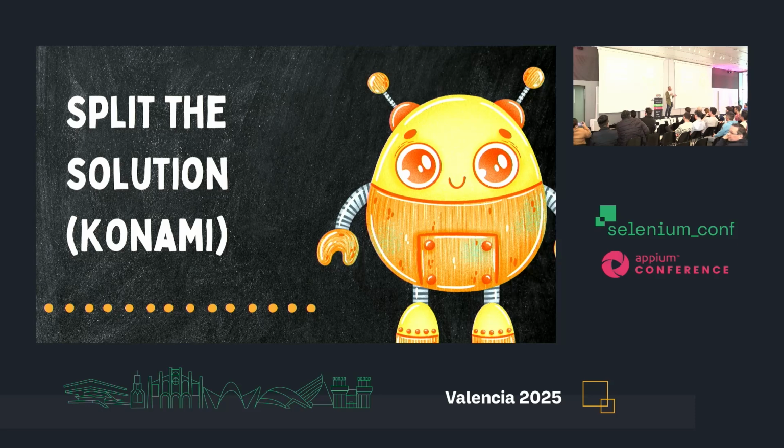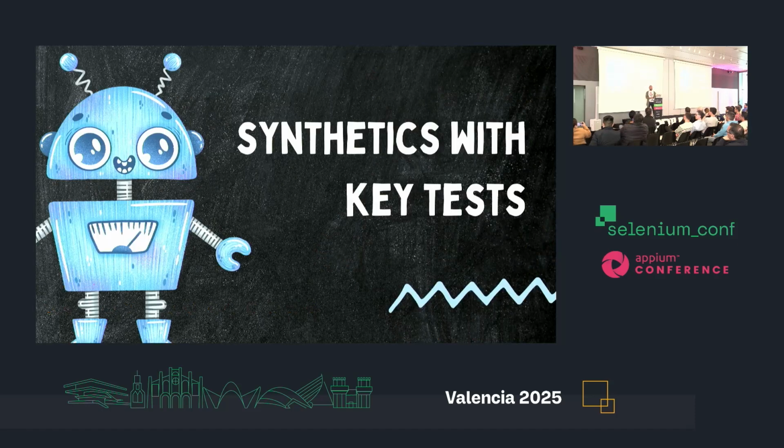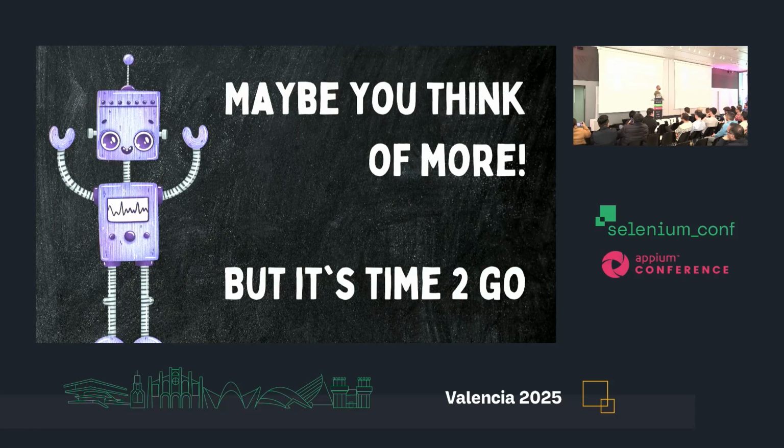We need to create those Konami codes for our application so that we go straight into that form submission that we want to test before the 50 billion steps before. Be very selective. Key tests, key steps, and be creative. Maybe you will think of more possible tests, more possible situations.